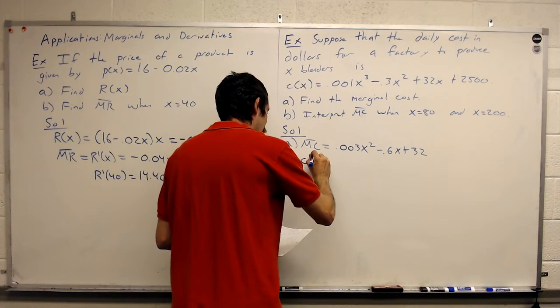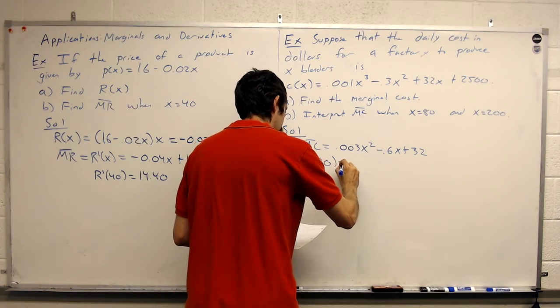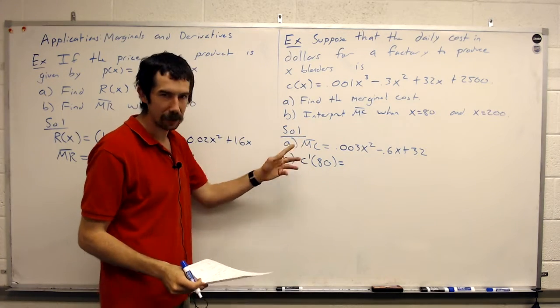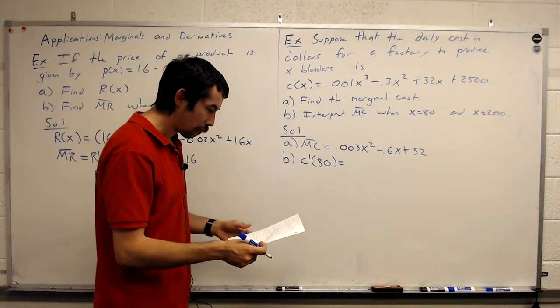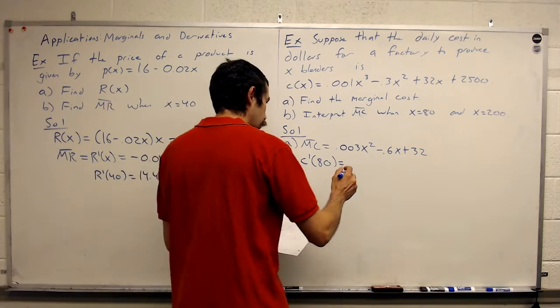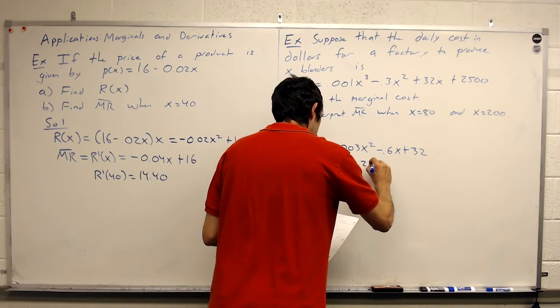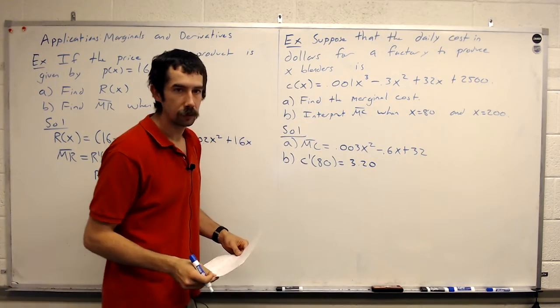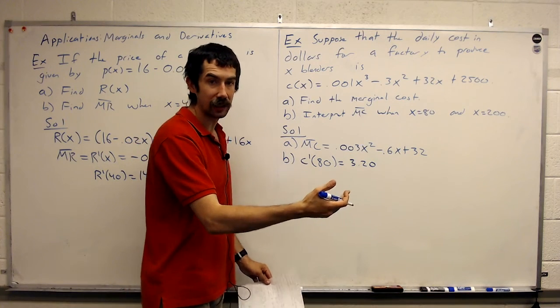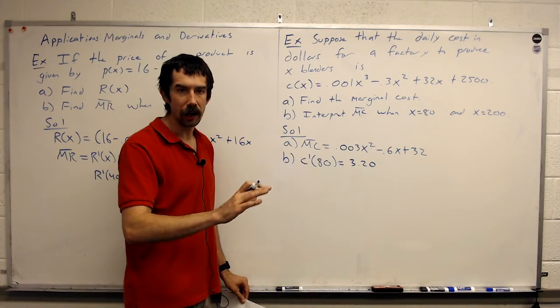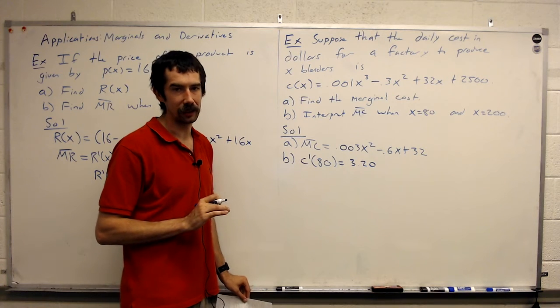OK, so let's look at C prime of 80. C prime is the same thing as marginal cost. C prime of 80, we just type that into a calculator, and we get 3.2. So producing that 81st unit increases our cost by about $3.20.